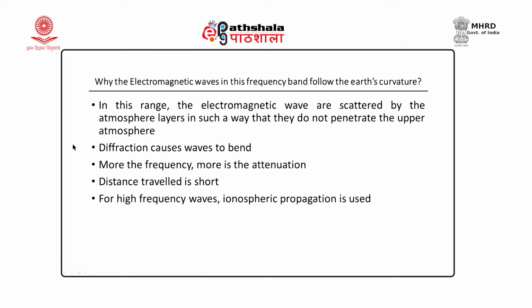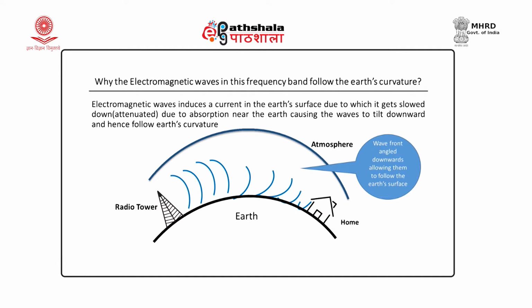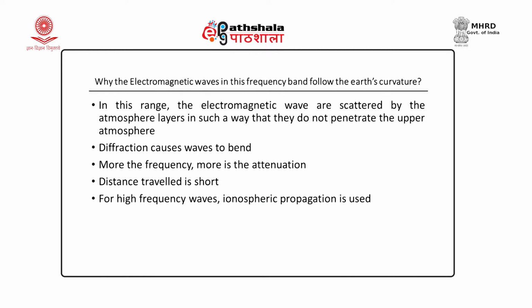So, due to the diffraction about the surface of the earth, the waves bend, and the higher the frequency, the more is the attenuation or bending. So, finally, the distance travelled would be short. You can see here also that the more you go away, the signal gets attenuated and finally it will diminish. So, the distance travelled by this type of wave is less.